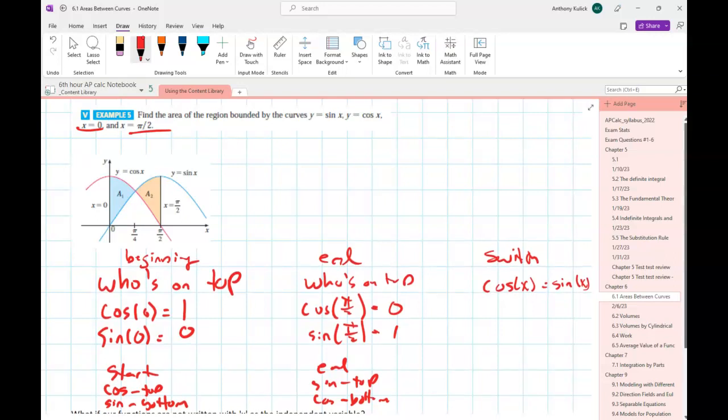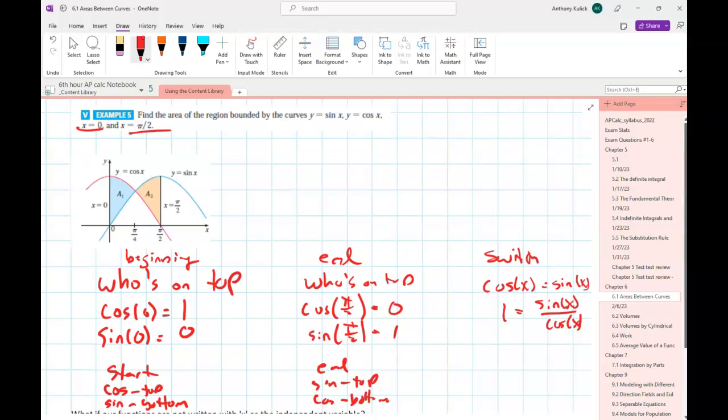How do I solve that? You might be able to get it by inspection that it's pi over 4. That's true. The values for cosine and sine when it's pi over 4 are both root 2 over 2. You can do it by inspection if you have it memorized. You can also divide both sides by cosine.